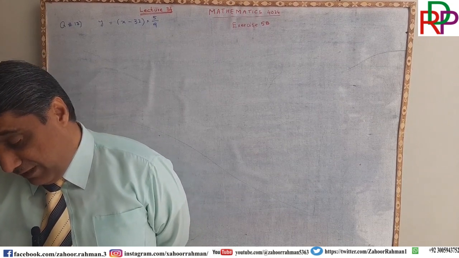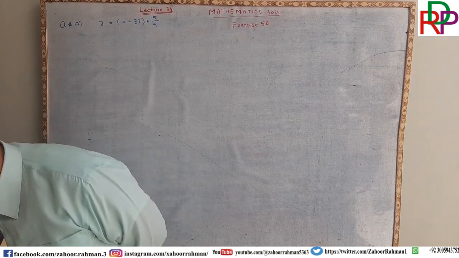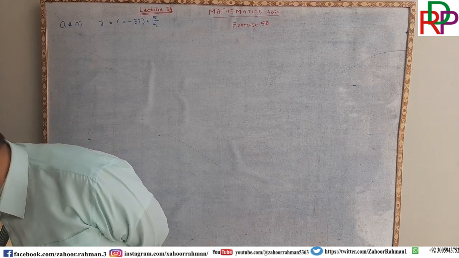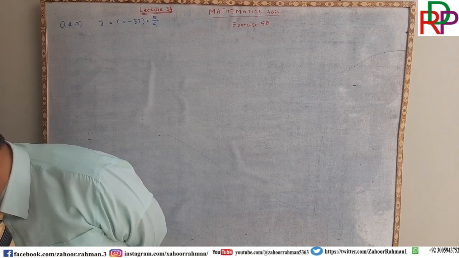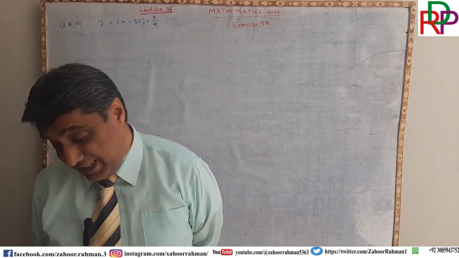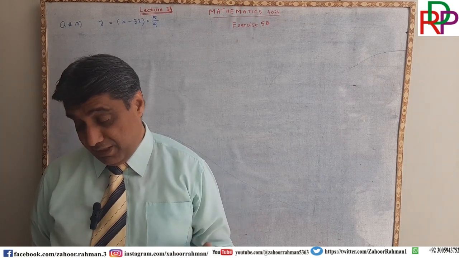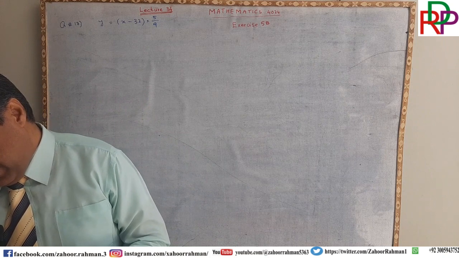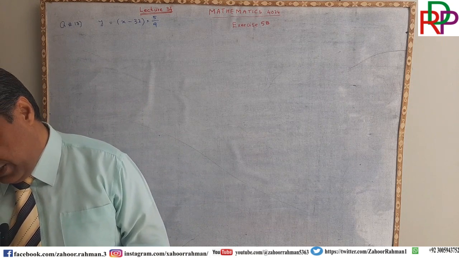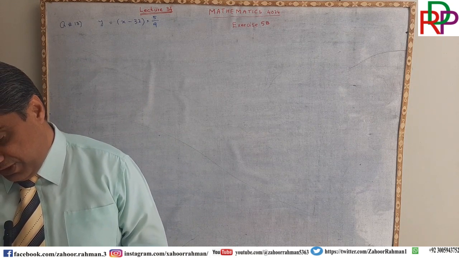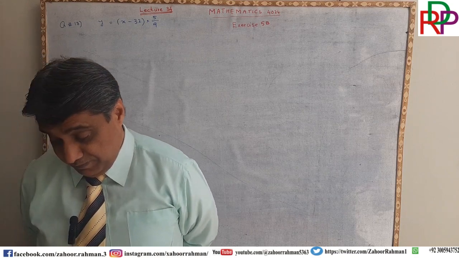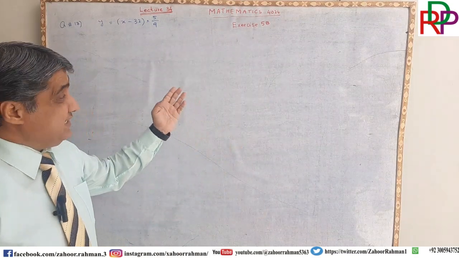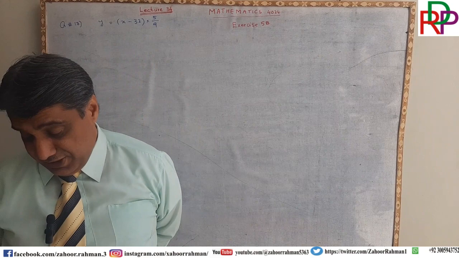The formula for conversion of x degrees Fahrenheit to y degrees Celsius. Remember, y is Celsius and x is Fahrenheit. Remember this information. So they have given us this formula. It is written in the book.